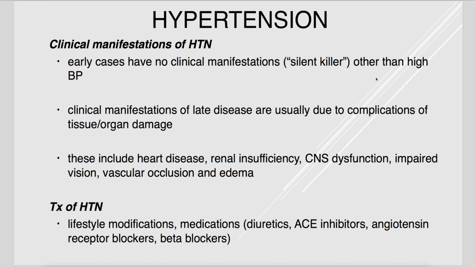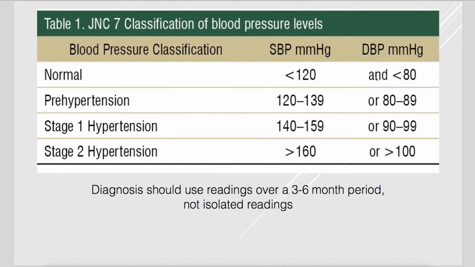But these are chronic complications of hypertension that's pretty much been untreated or poorly treated. So as far as treatment, lifestyle modifications can take people a long way. I'm going to say that about pretty much any disease. But of course, all the typical players when it comes to the drugs: ACE inhibitors, ARBs, beta blockers, diuretics, all of those are used very commonly.